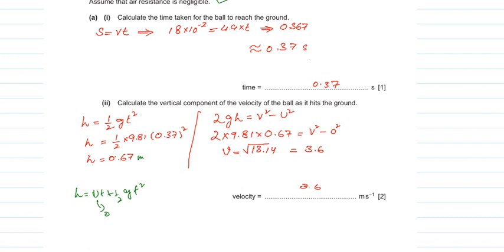After squaring, we will get 0.67 meters. So putting the value of h over here, 2 into 9.81 into 0.67, we square-root it, and the vertical component of the initial velocity is 0. So we calculated it as 3.6 meter per second.